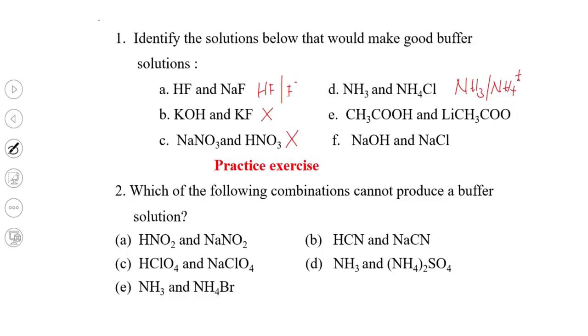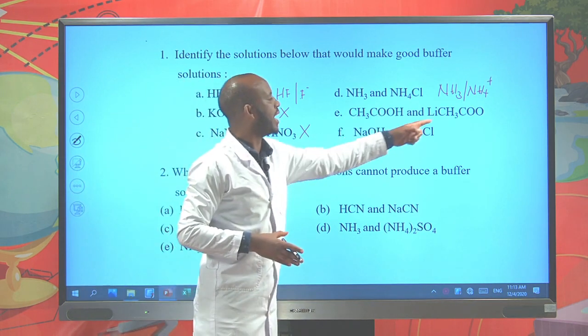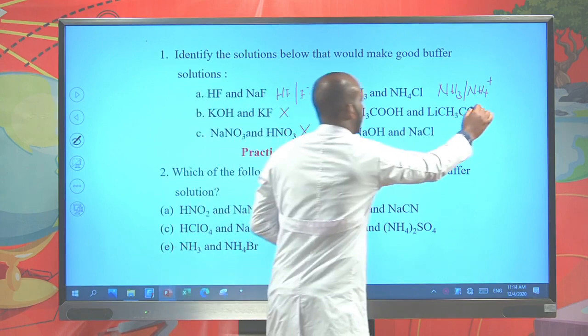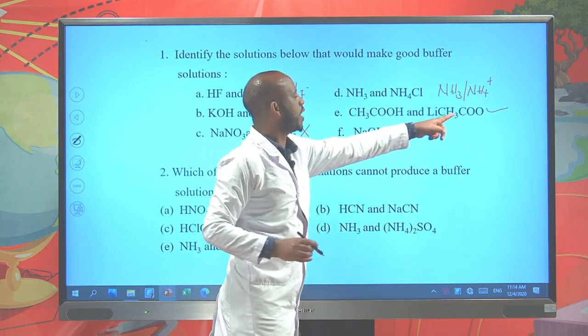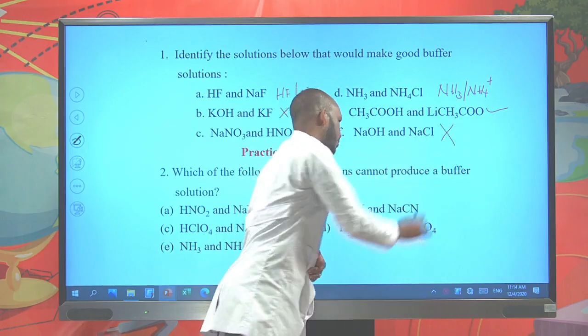Chloride ion is the spectator ion and has no effect on the pH of the solution. Acetic acid and lithium acetate is a buffer solution: weak acid and its conjugate base, acetate. Sodium hydroxide and sodium chloride is not a buffer solution.